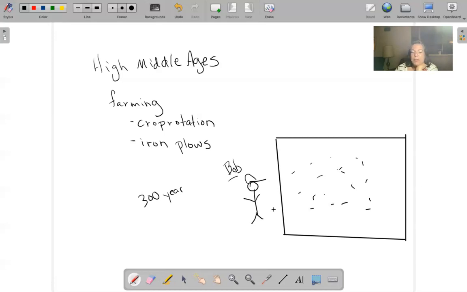Or maybe Farmer Bob was a little smarter than that. He probably knew to plant in rows.